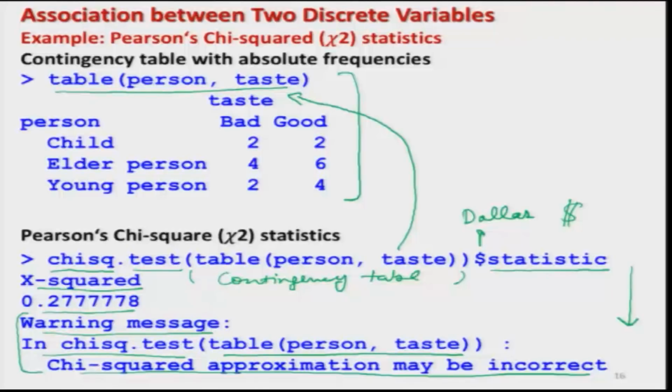When we try to apply the chi-square test of hypothesis, there are certain conditions for the applicability of the test, and one of the conditions is that each and every frequency should be greater than 5. Here in this case there are several frequencies which are not greater than 5, like 2, 2, 4, 2 and 4, and that is why this warning is given.